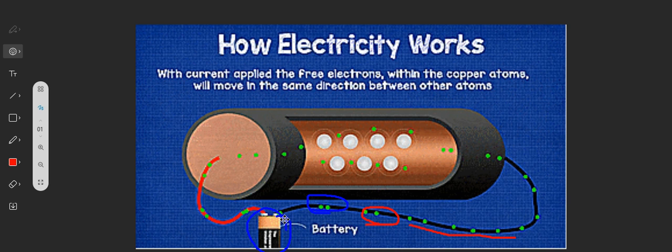So whenever a battery is connected to a circuit, the battery is a source having a positive as well as a negative electrode, but the electrons are negative in nature, so they get attracted towards the positive.